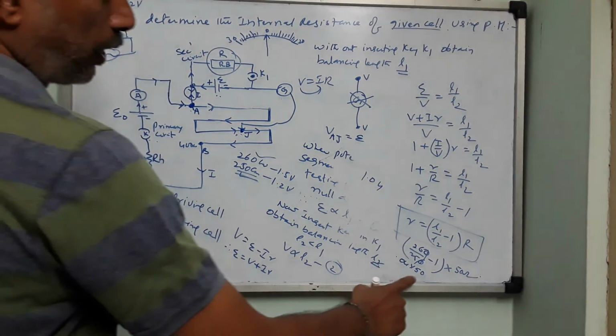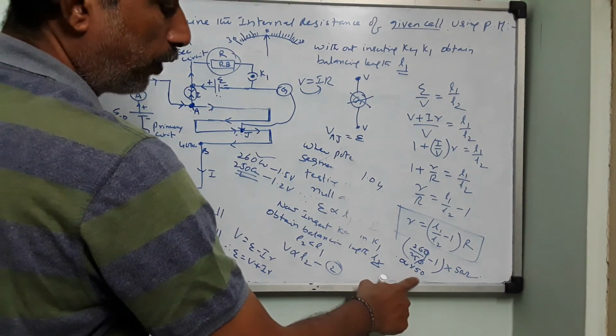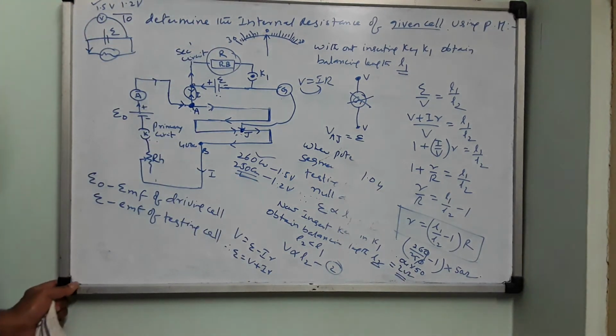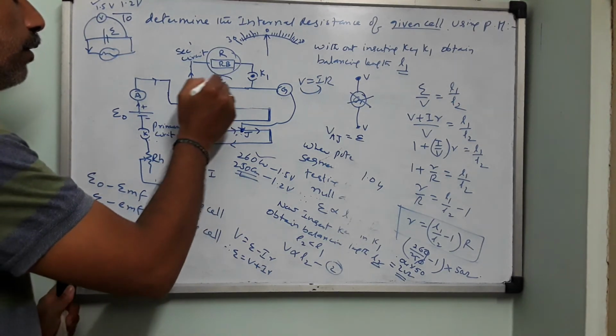So if this is 100, this will be 4. As this is 50, it will be only 2. So the internal resistance of your cell is what? 2 ohm.